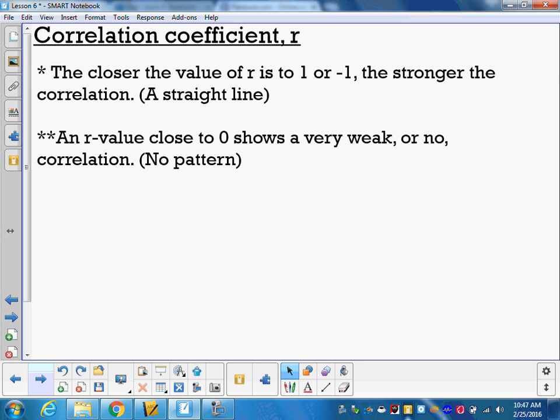So, using your handy calculator, you can calculate what we call the correlation coefficient. The variable we represent that with is R. Our values always fall between -1 and +1.